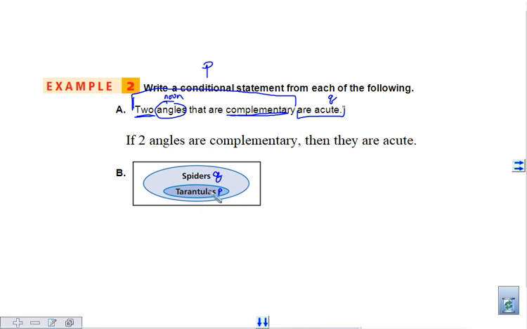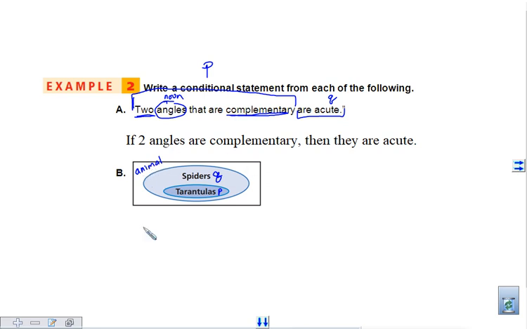So we have tarantulas and spiders. And I know somebody's saying arachnids. Please don't ask me to spell that word. They aren't actually insects because of the number of legs they have. So we're going to call them animals. We're generally talking about animals on this one.